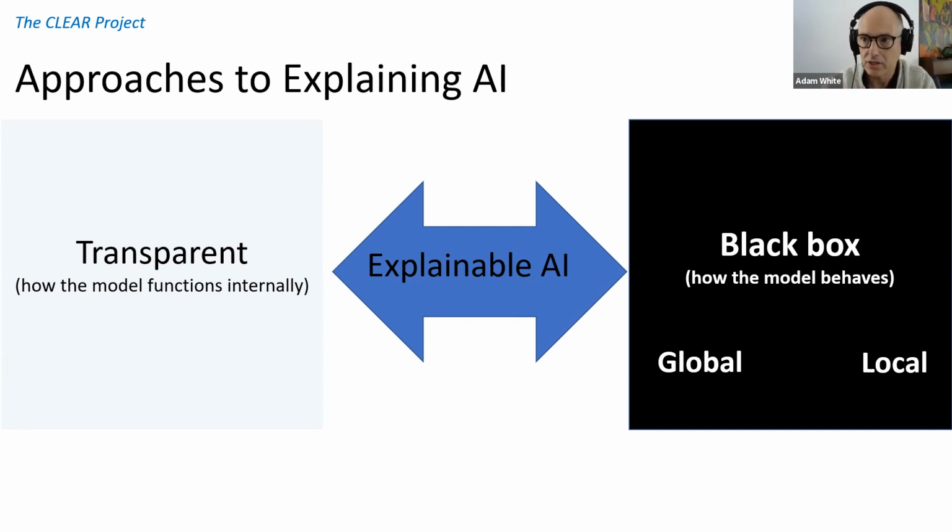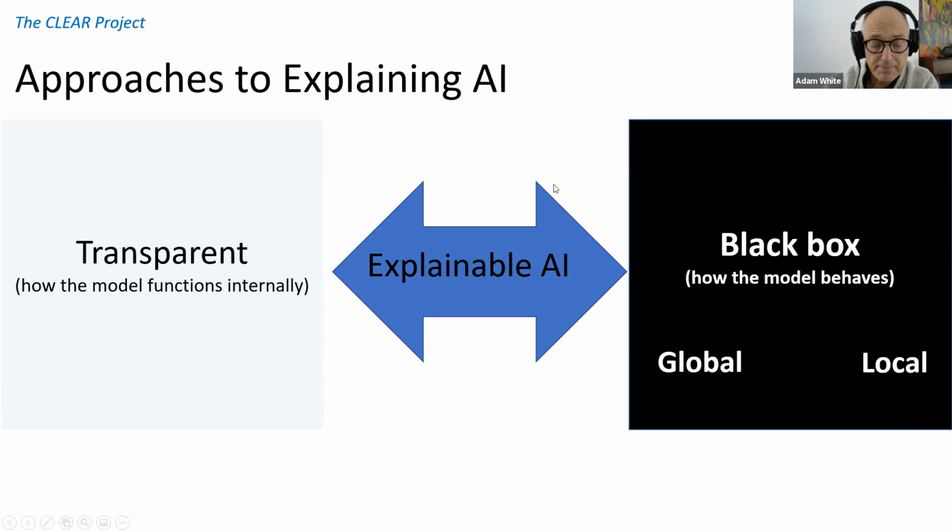And such black box approaches can be divided into two broad types. Those which seek to provide global explanations of the entire system's behavior, and those that provide local explanations of single predictions. And you go for local explanations in part when the AI system's decision boundary is too complex to allow for global explanations. And CLEAR, as Artur said, provides local explanations.